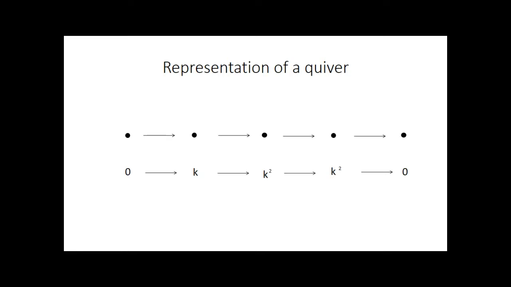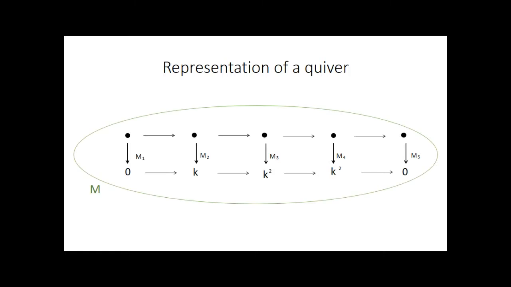You have this graph on the top, which is just a sequence of points and arrows, right? And you assign to each of these points a vector space, and to each of these arrows, a linear map, okay? This is what's called a representation. You might have seen maybe representations of groups, representations of graphs, I don't know. This is a representation of a quiver, the same concept, but on a different figure, okay? Then all this algebraic structure we can call M, for example, and we can play with it.